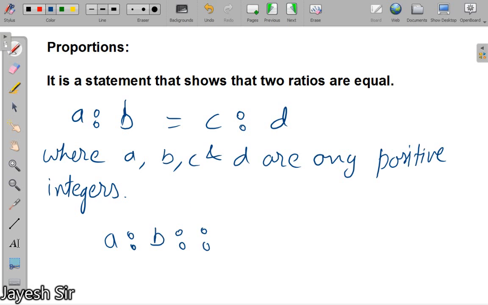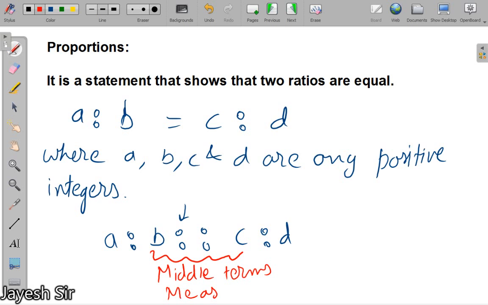Okay, now here A:B, this is also the sign of proportion, C:D. Here terms B and C are called middle terms, or means.